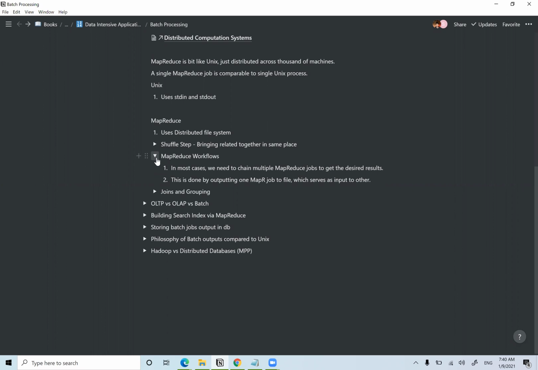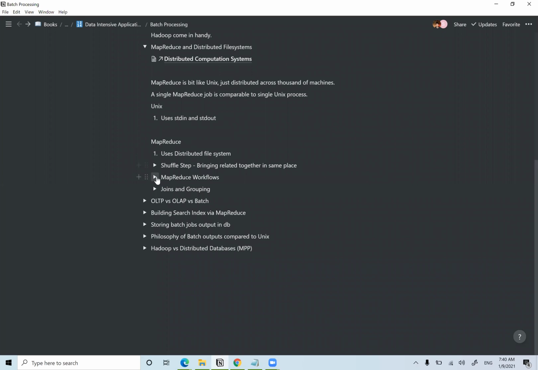So basically, you build workflows that wait for this job to finish, wait for that job to finish, take the input of these two, and now do this another MapReduce job, and then this output is the final output, right? That is something which you will see doing a lot in practical scenarios. So that is MapReduce workflows.